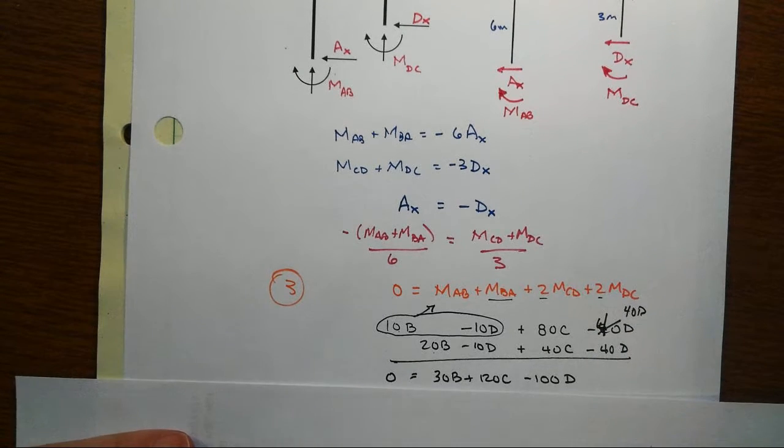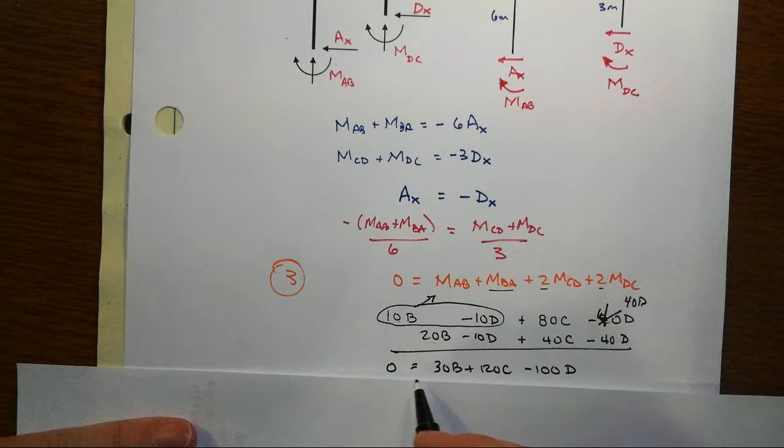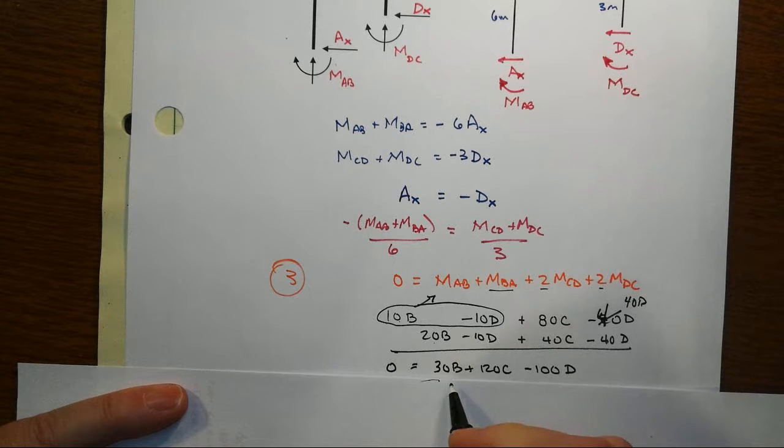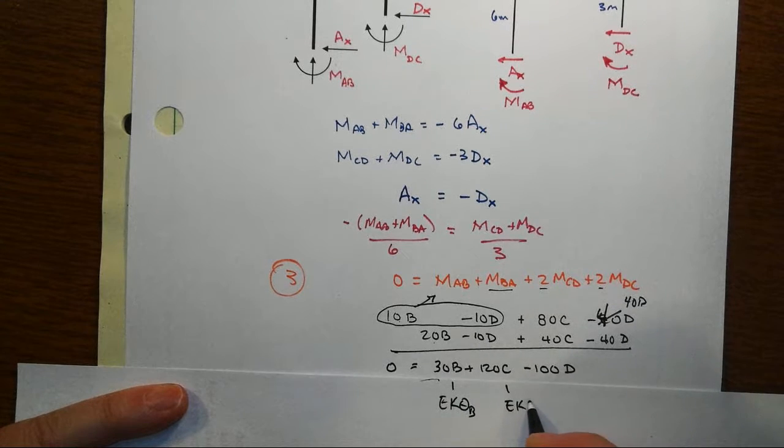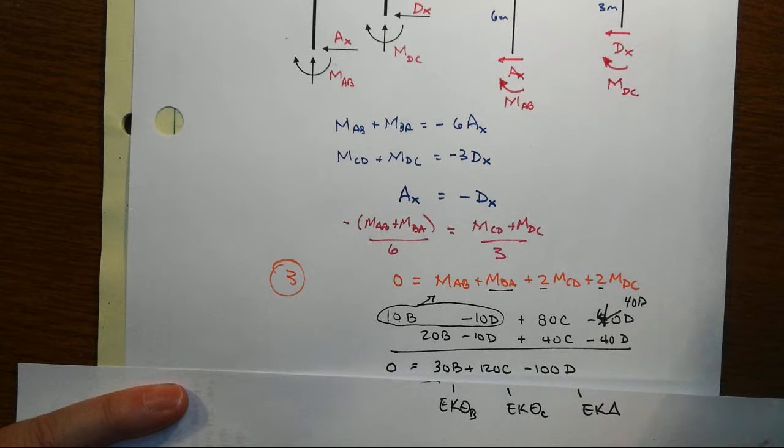And then you add that up into a nice simple equation. 0 equals 30B plus 120C minus 100D. And remember that B really means EK theta B, C really means EK theta C, and D really means EK delta. Recalling that we've already absorbed that psi is equal to delta over 3.